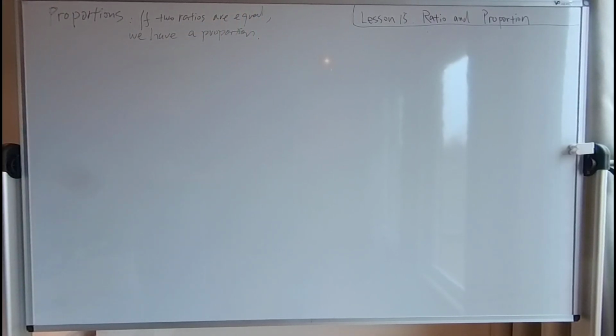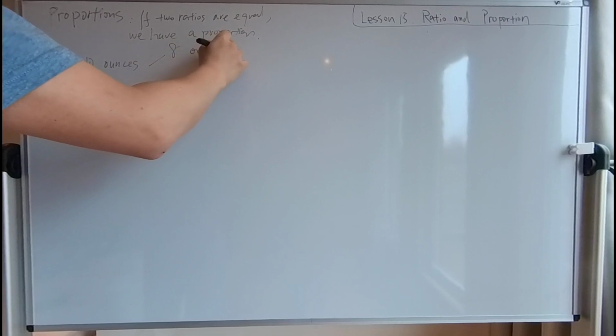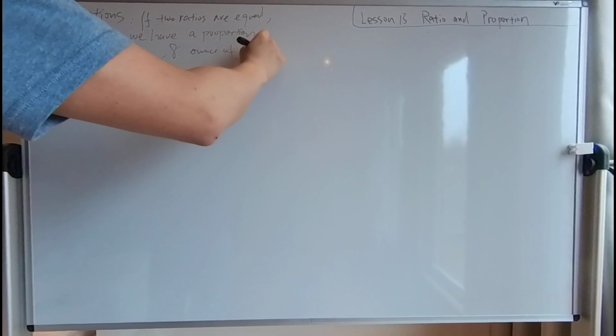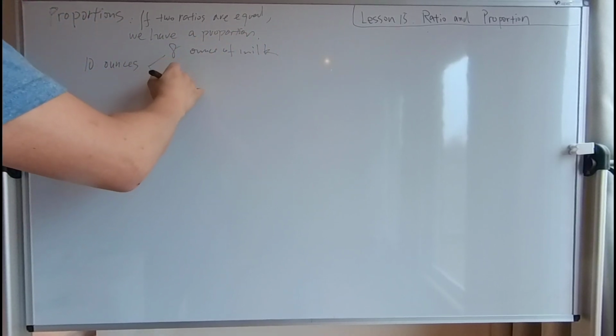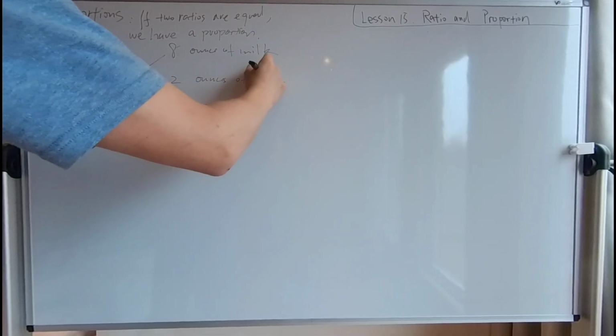So for example, if I know that in order to make 10 ounces of a special soup, I need 8 ounces of milk and 2 ounces of chocolate.